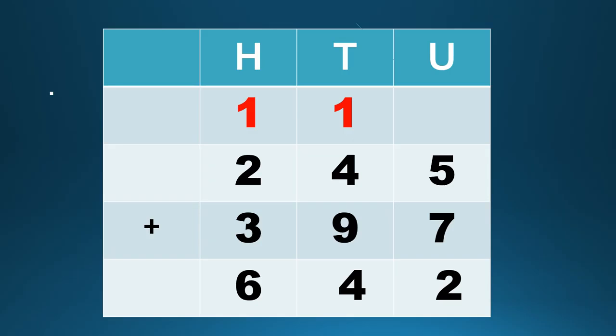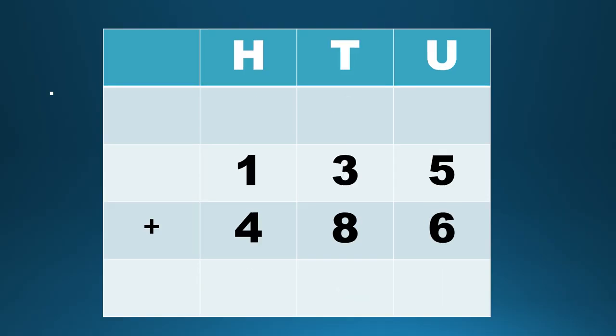So 245 plus 397. The answer is 642. Let us add 135 plus 486. 5 plus 6 is 11. 3 plus 8 plus the 1 carryover is 12.